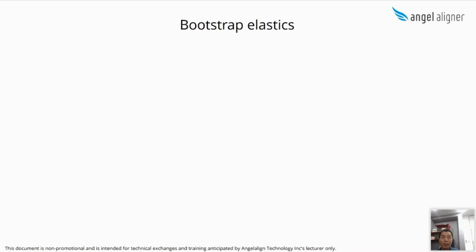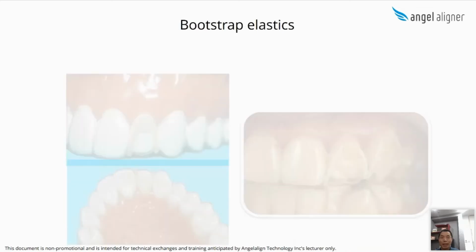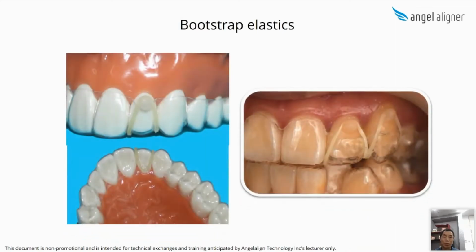For elastics, the bootstrap elastic is usually used for these teeth. For example, you can see this is a plastic model. A bootstrap elastic can be used in those cases where you don't have to stop and order additional aligners, since the other teeth are tracking well.